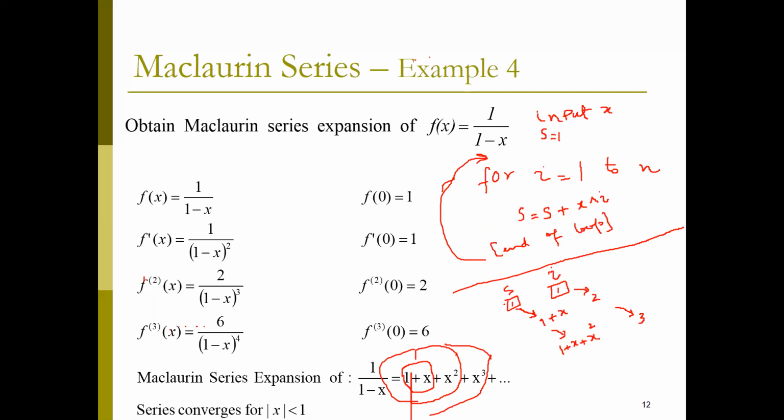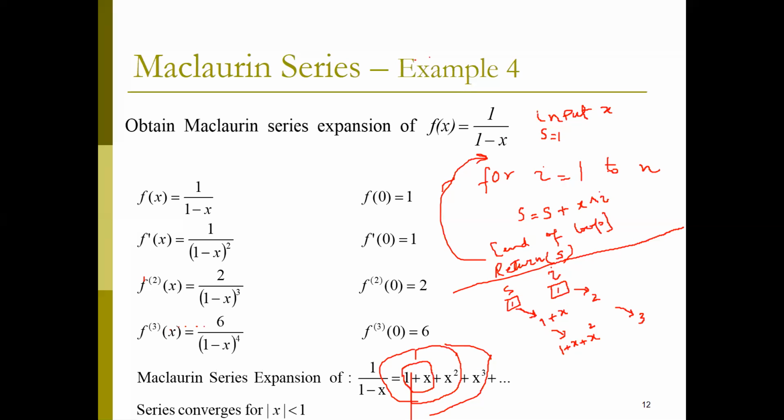algorithms. And finally, one step will be there after completing the loop, and what will that be? Return s. The value of s is returned. So this is the algorithm. This computes the complete value.